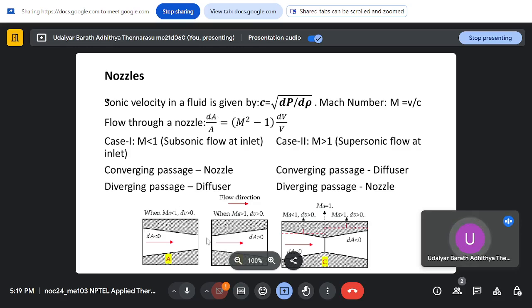So it should have a converging section in subsonic flow for an increase in velocity, and it will act as a nozzle. If your Mach number is greater than 1, then it will act as a diffuser.